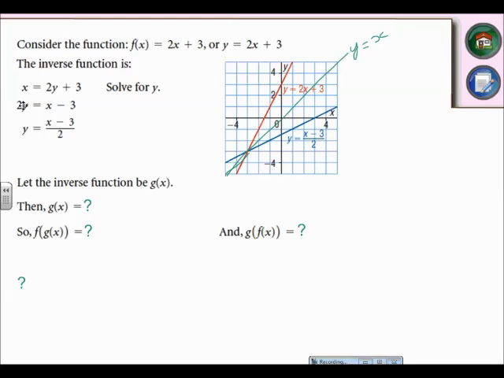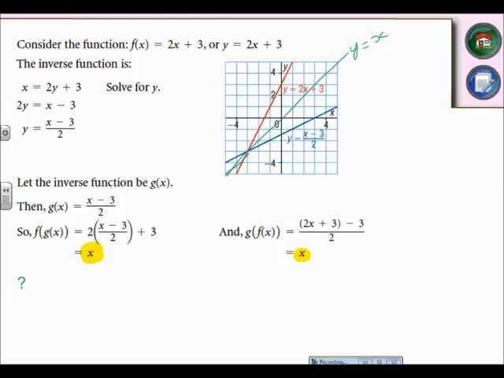If we do our f of g at x, plugging that through, we get x. If I go the other direction, g of f at x, plug the f into the g, I also get x.